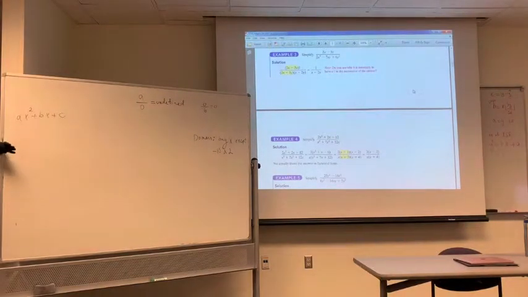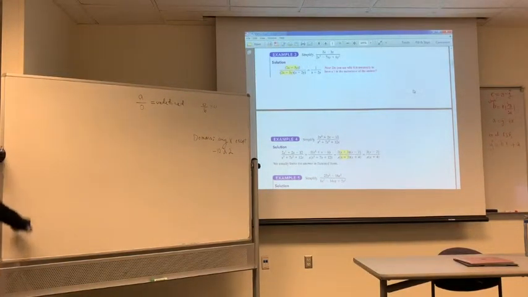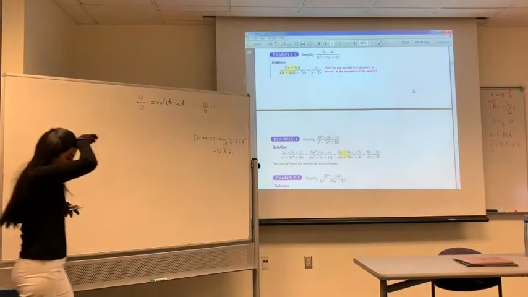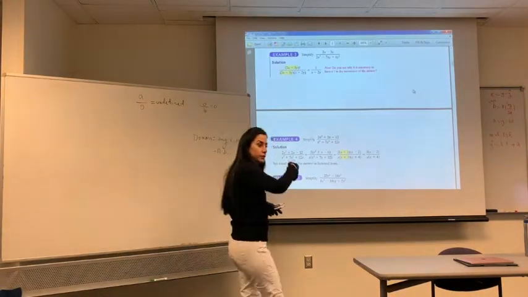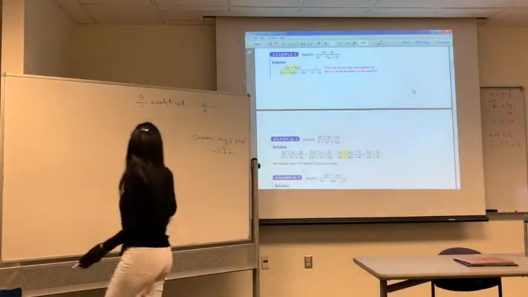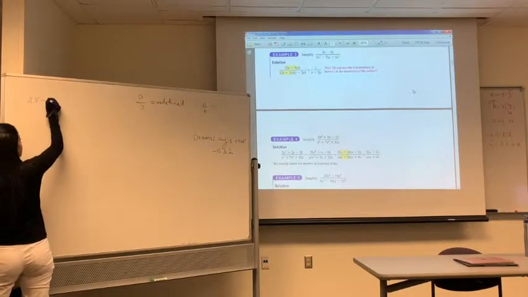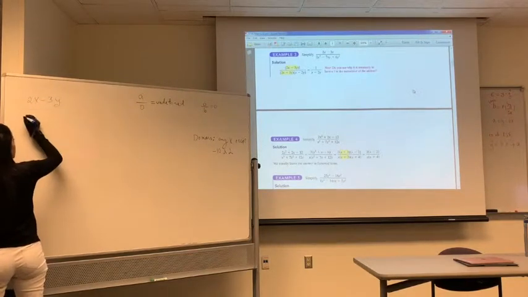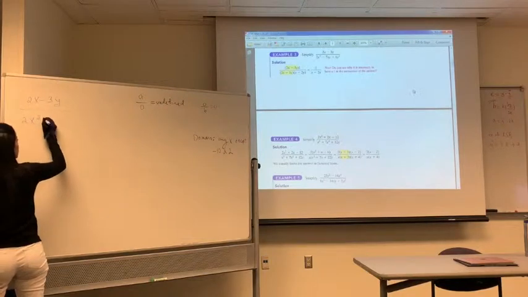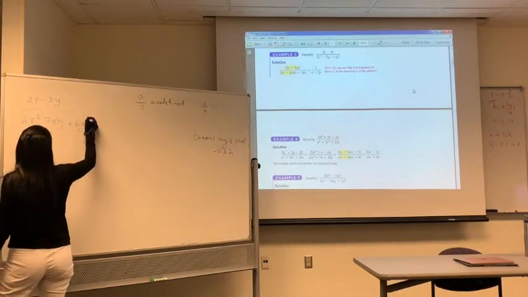As soon as you know how to factor this polynomial, you can find the common parentheses between denominator and numerator, cancel them, and simplify. The other example is 2x minus 3y divided by 2x squared minus 7xy plus 6y squared.